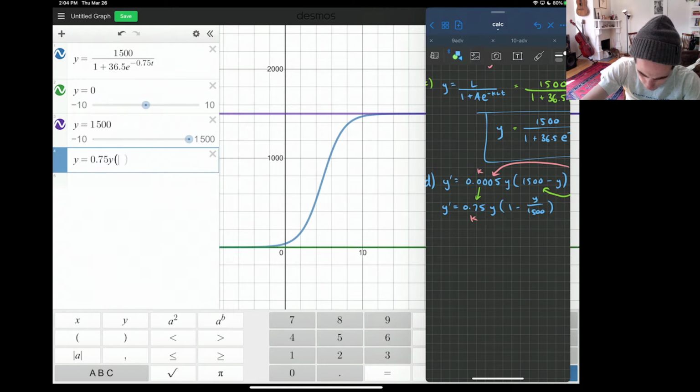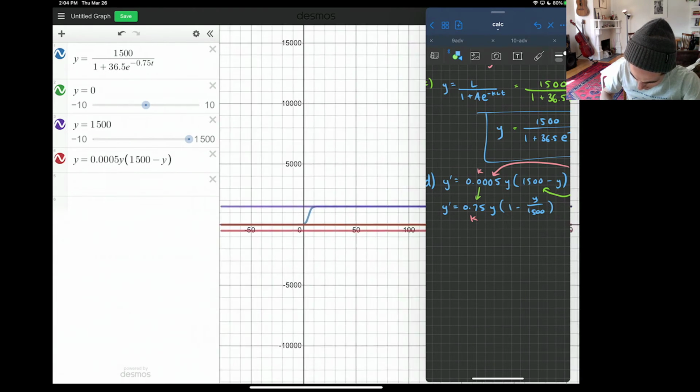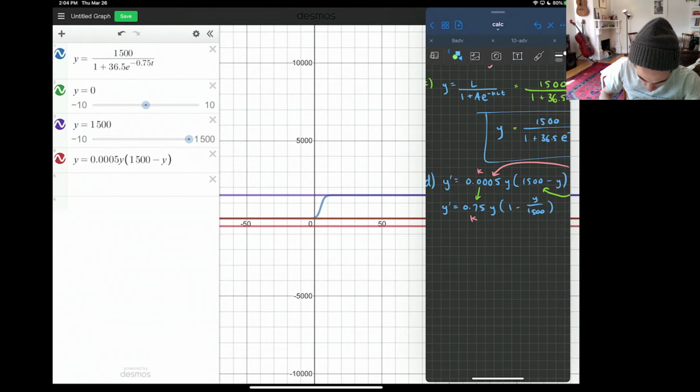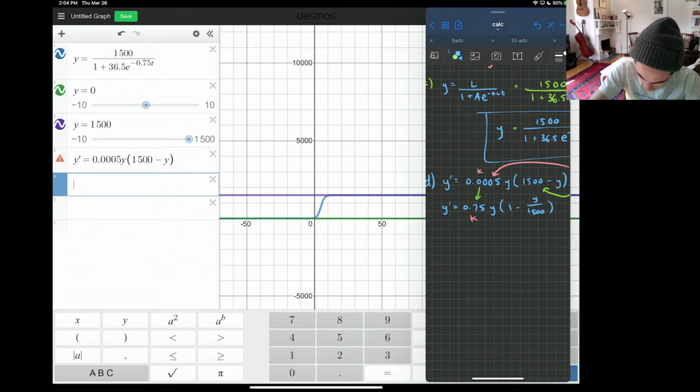Oh no, I was going to do the first one. Sorry. 0.0005 y times 1500 minus y.